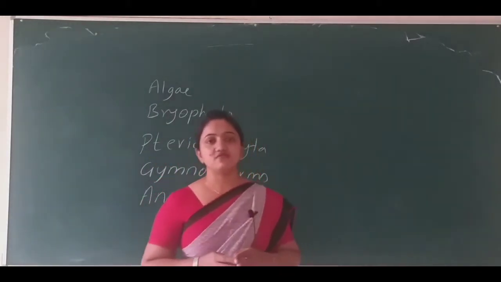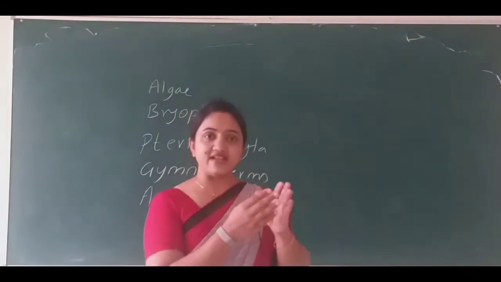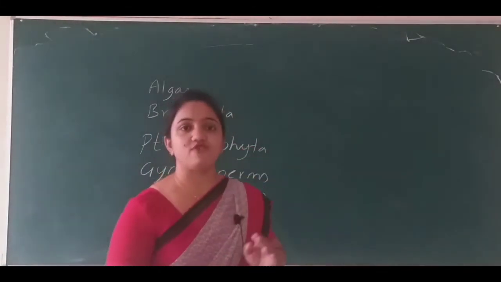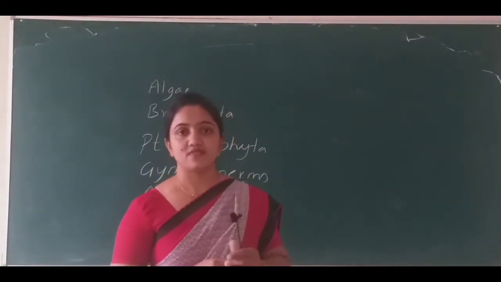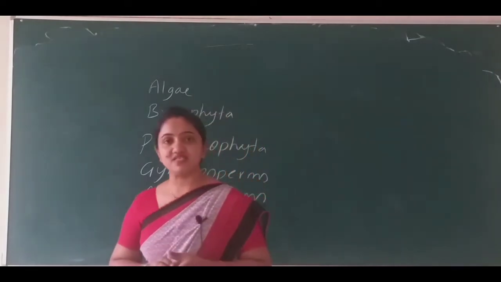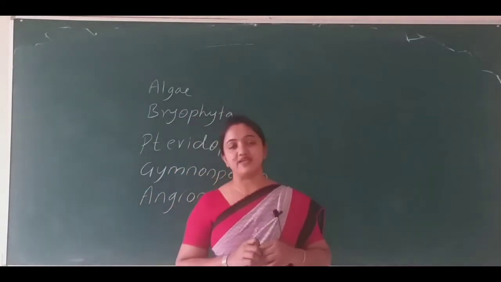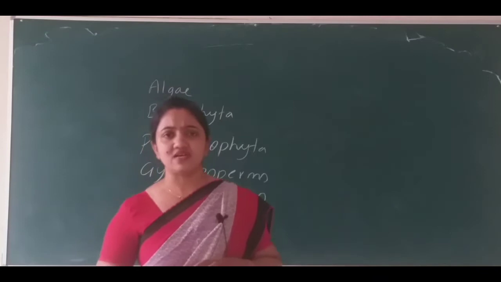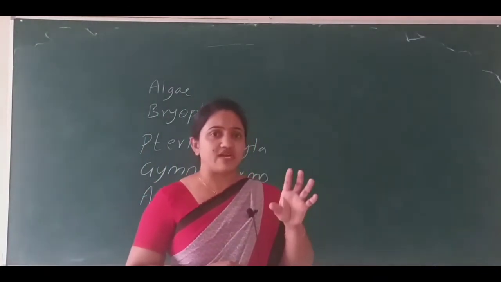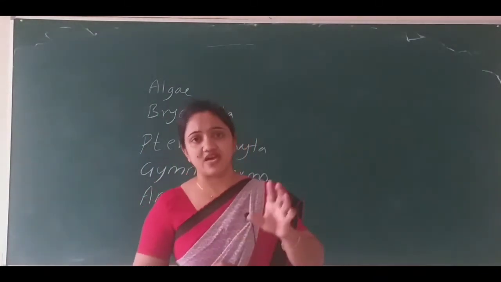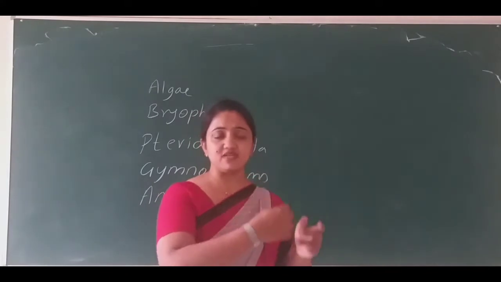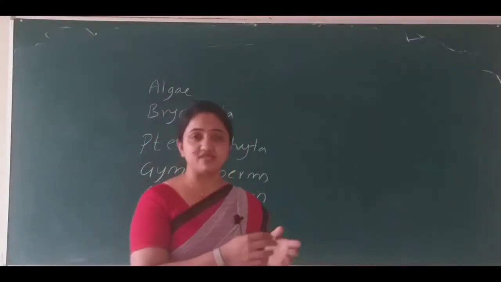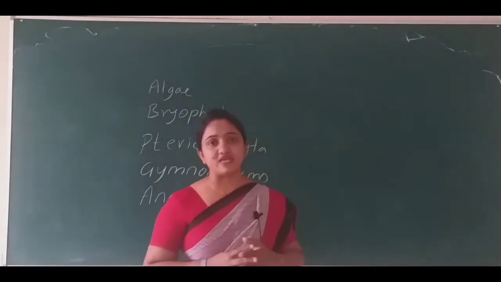And in the algae, we find filamentous form species. Those are nothing but Spirogyra, green in color. Spirogyra is highly nutritive, and a number of vitamins are present inside it.